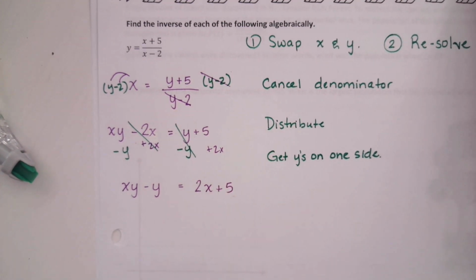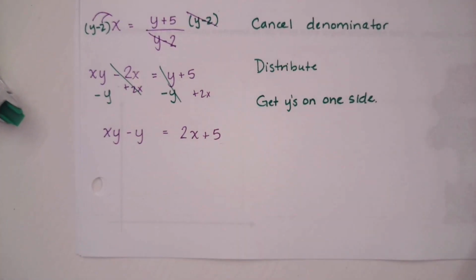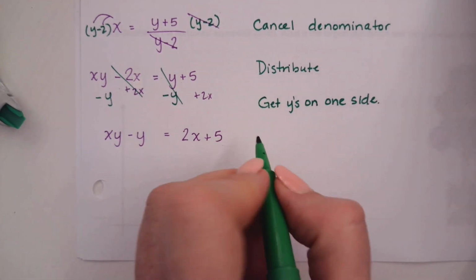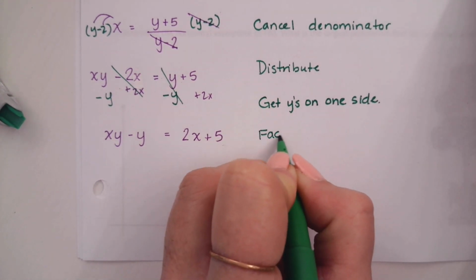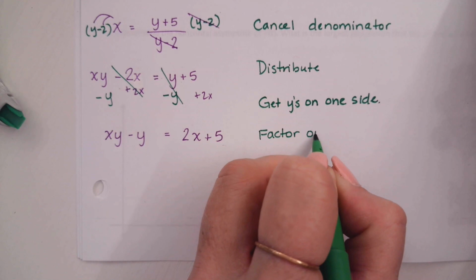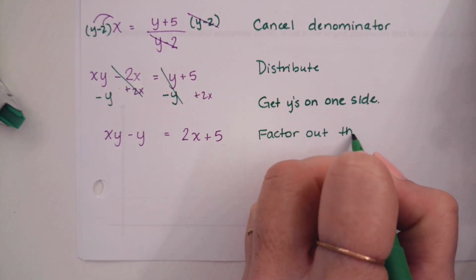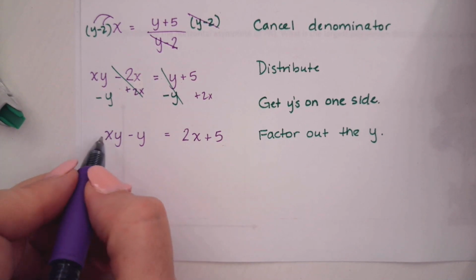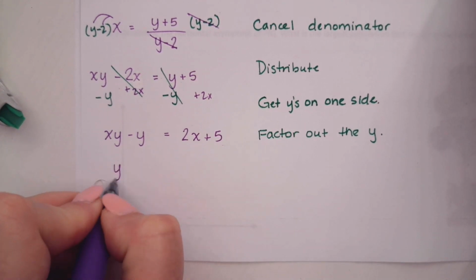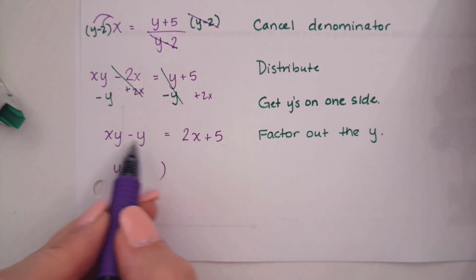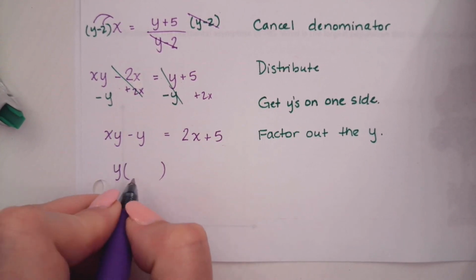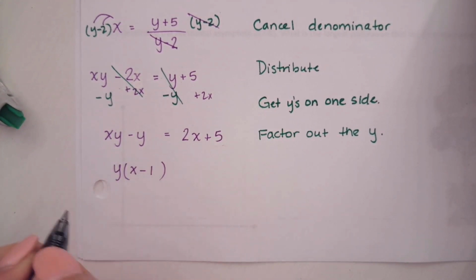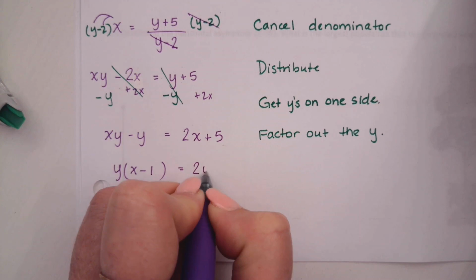Okay, looking good. Then what? Factor out the y. So instead of having xy minus y, we're going to take a y out front. If I divide both of these by y, what's going to be left over? X minus 1. Good. Nothing changed on the right.